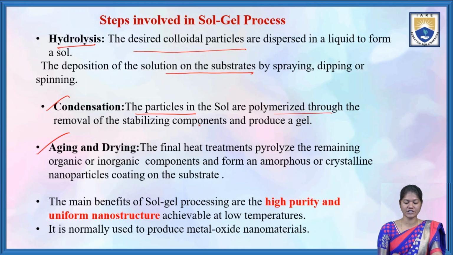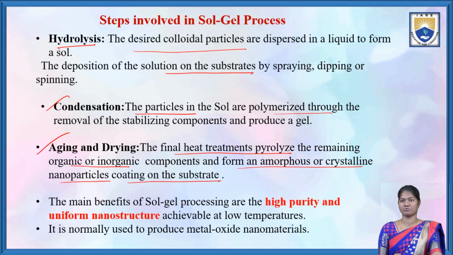In this condensation, the particles in the sol are polymerized through the removal of the stabilizing components and it produces a gel. In aging and drying, the final heat treatment removes the remaining organic and inorganic components and forms amorphous or crystalline nanoparticles coating on the substrate.